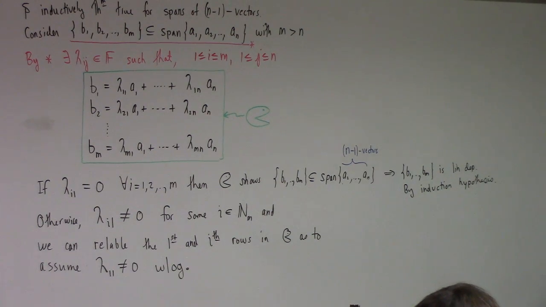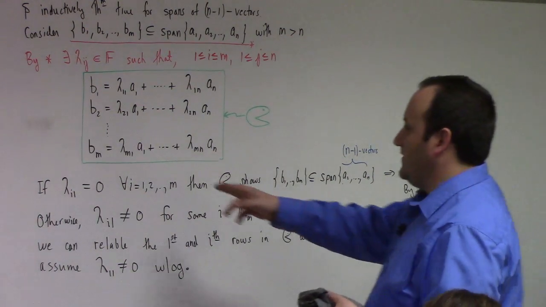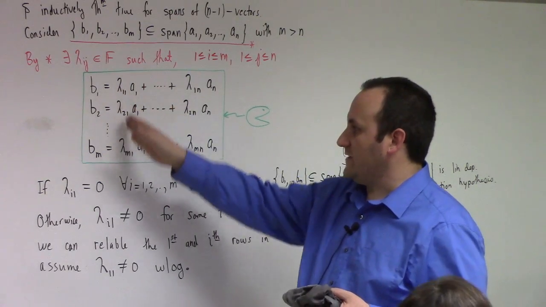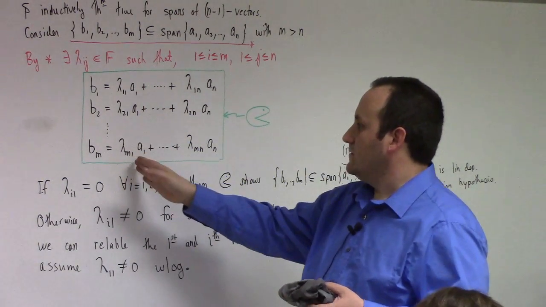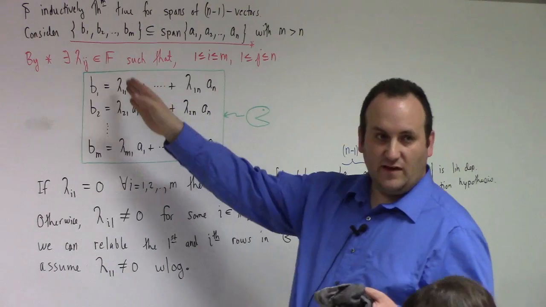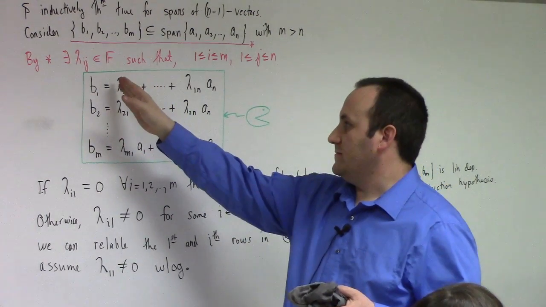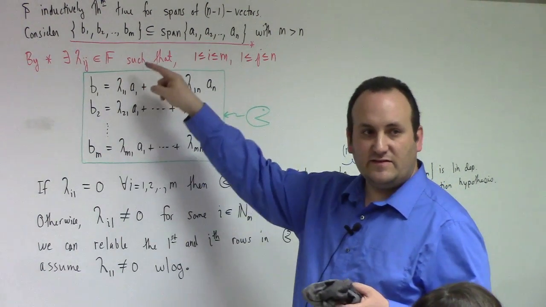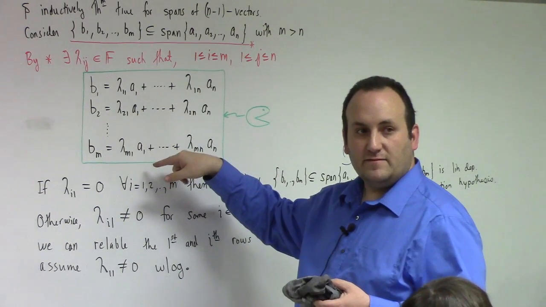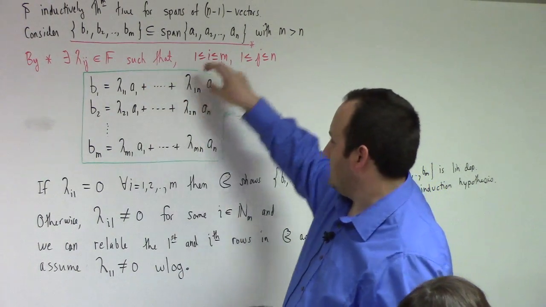So, let's see here. What's the meaning of lambda ij? Think about it in terms of these equations. Lambda ij are the coefficients which are attached to which one? They're attached to aj, right? Like, lambda blah, blah, blah 1 is attached to a1.